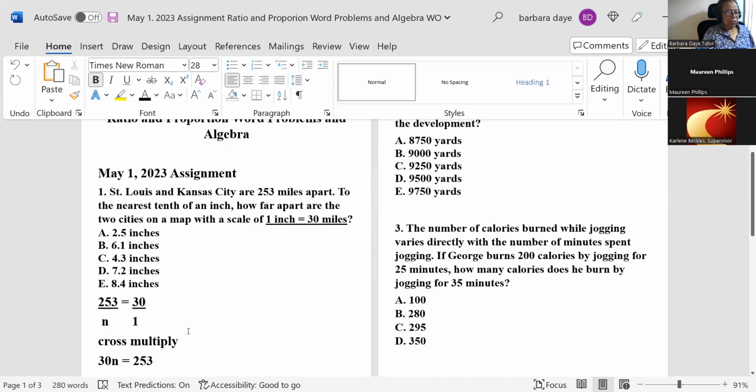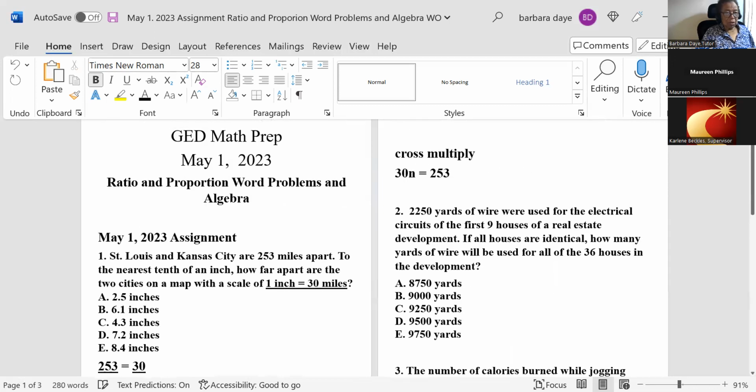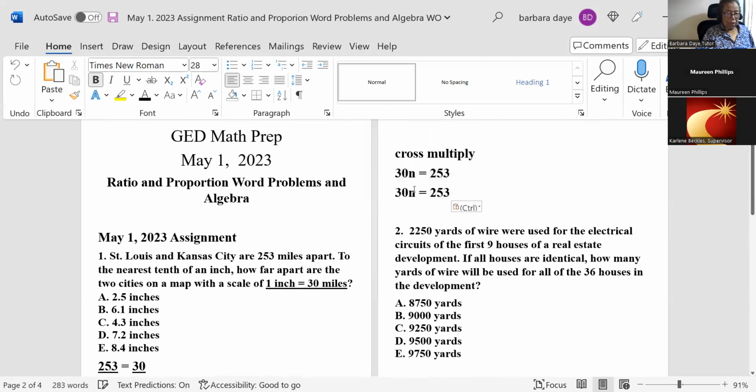Okay, so let's put that on the other screen because we're going to run out of room here. Let me just copy this. So we divide both sides by 30, so there would be the underline on the right, and then put 30 underneath both of these terms. So what's n equal to, Maureen?